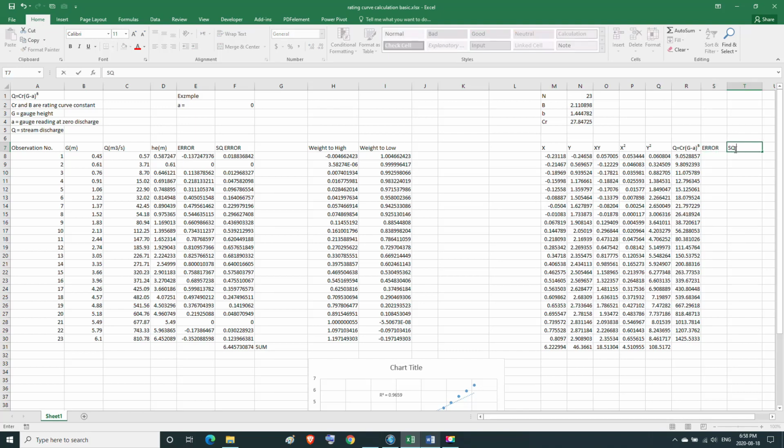Then in the next column we type square error or square difference. Then we make the computations as we see.